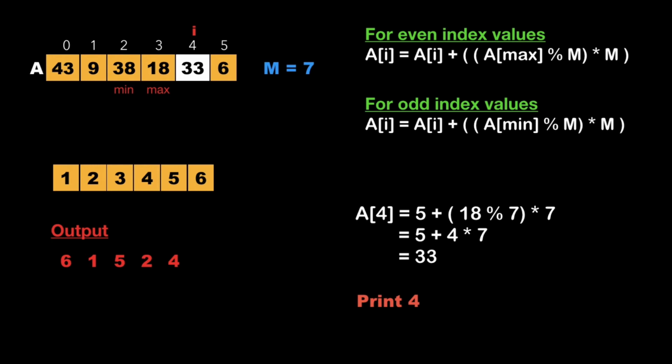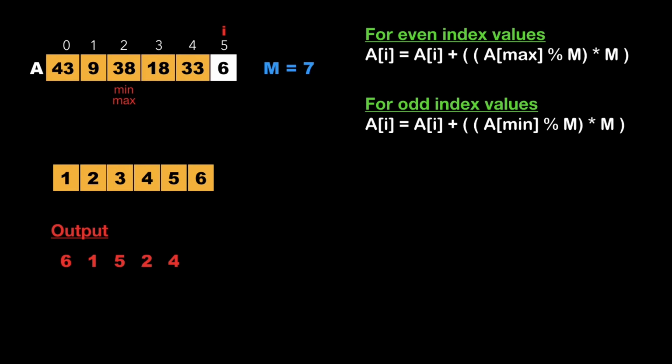Now let's increment i and decrement max. So now i points to the last memory location, which is 5, which is an odd number. So we calculate the value of a of 5 as a of i plus a of min mod m into m, which is 6 plus 38 mod 7 into 7. So the value will be 27.